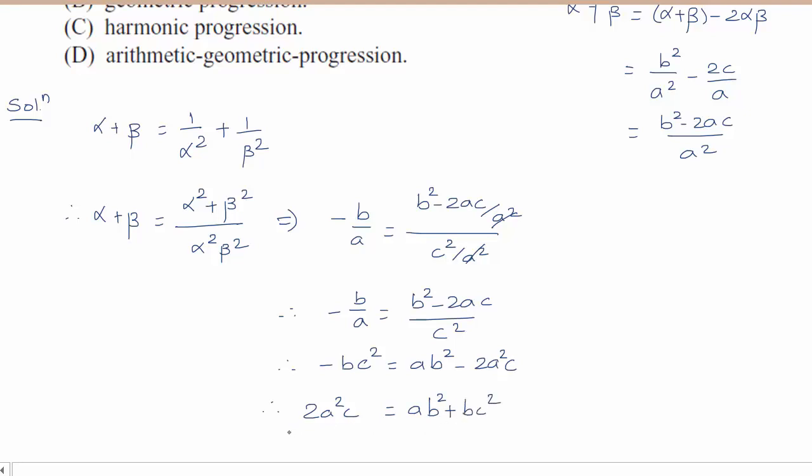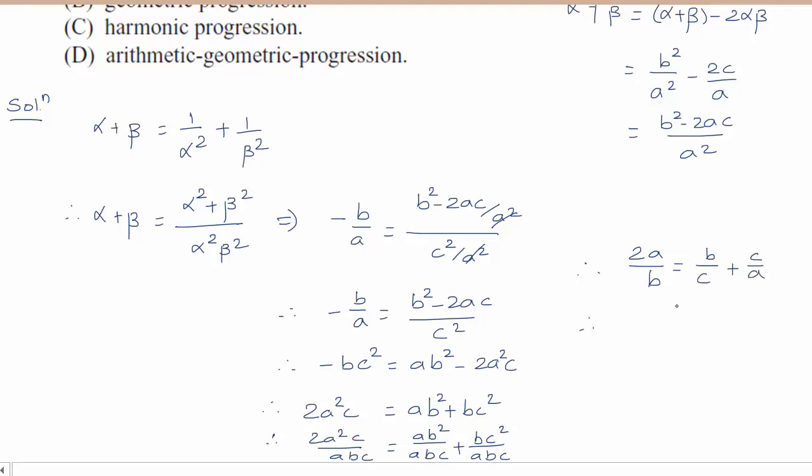On dividing both sides by abc, we get 2a square c upon abc is ab square upon abc plus bc square upon abc. So this becomes, a and c will get cancelled on the left hand side. It is 2a by b, right, is equal to, a and b will get cancelled in the first term, it is b by c plus c by a.